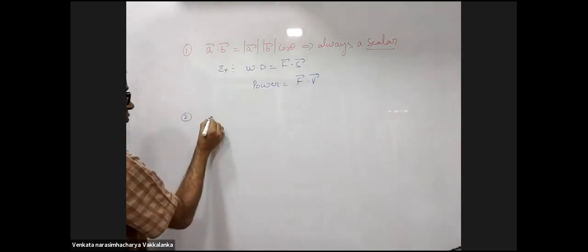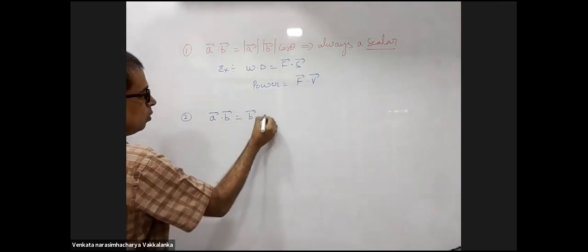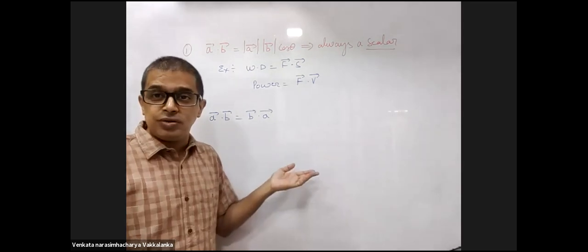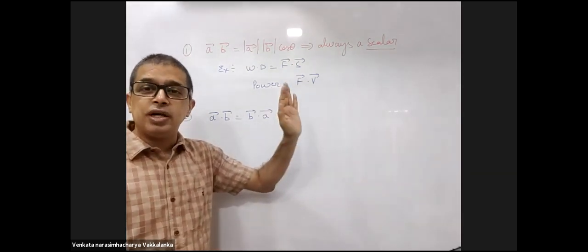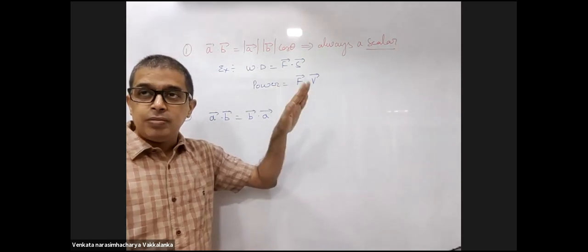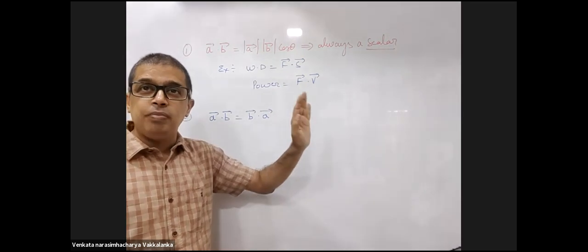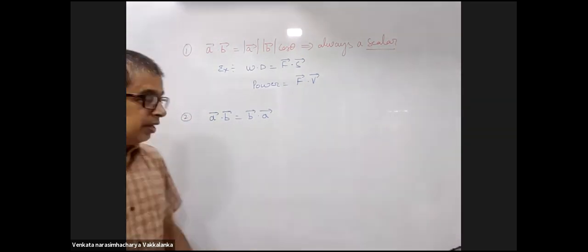it obeys A dot B is equal to B dot A. Indirectly I already showed you this. Projection of A on B or projection of B on A, both will mean the same. Right?